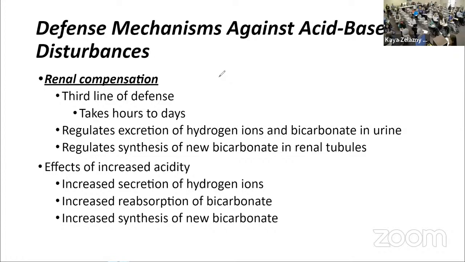Okay, so in response, you would want to secrete a bunch of hydrogen ions into the tubules so that you ultimately excrete them and get rid of them. You want to put more bicarbonate in your blood in order to buffer it out. So you're going to reabsorb more bicarbonate and you're going to make new bicarbonate. That's what synthesis means.